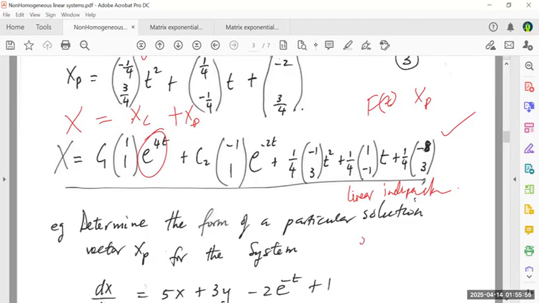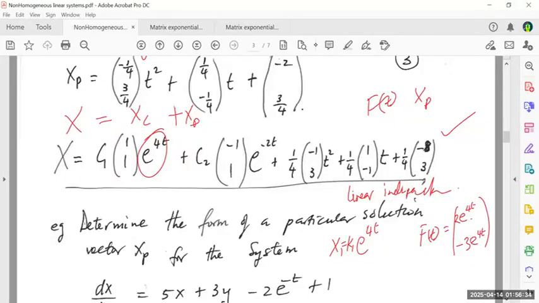So, for example, let's say the complementary solution contained k1 e to the power 4t, and in f of t we would have something like 2 minus 3 e to the power 4t.